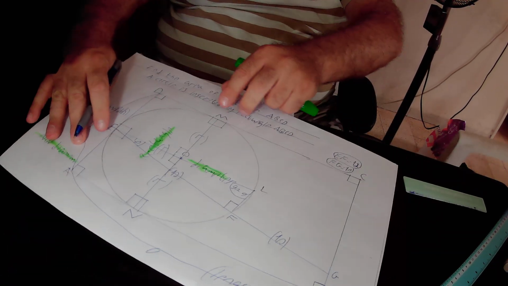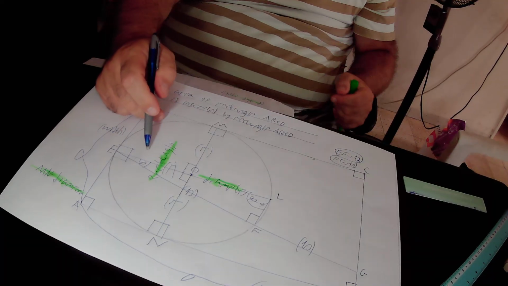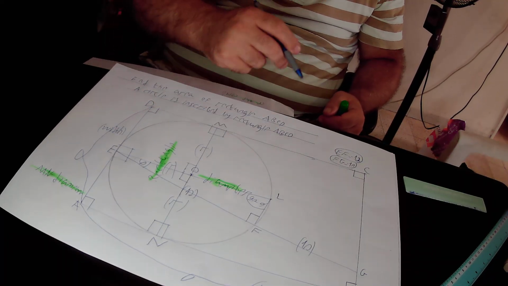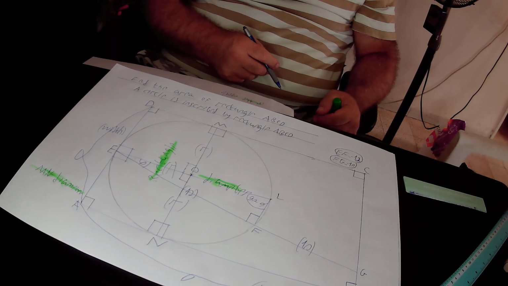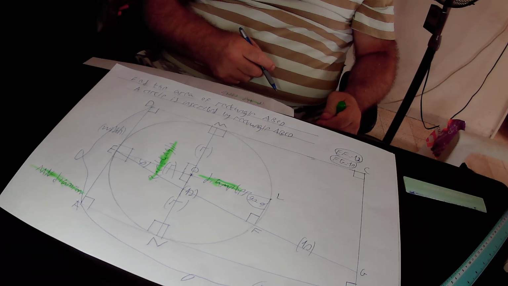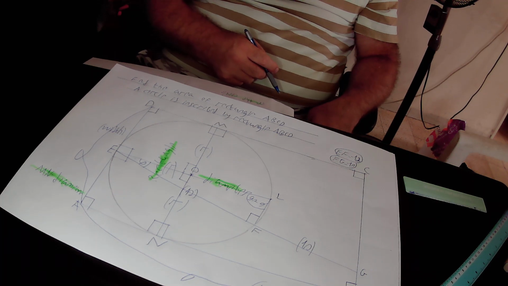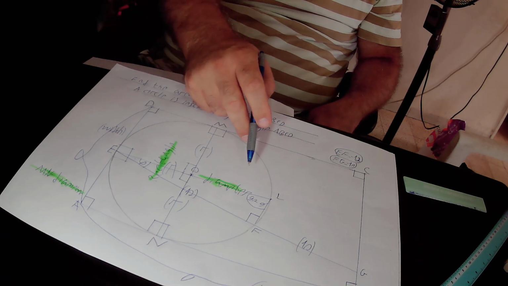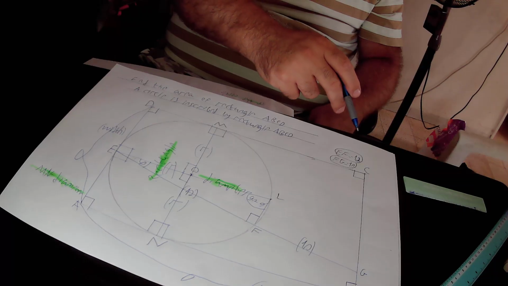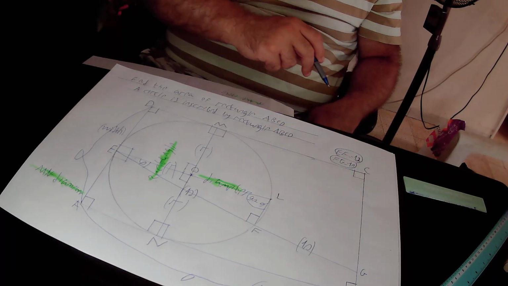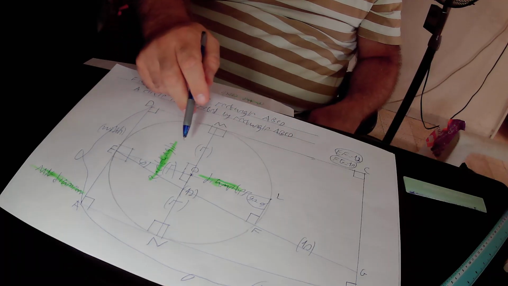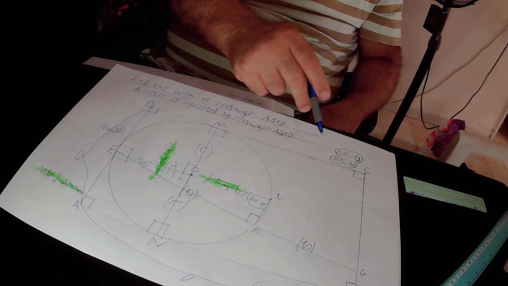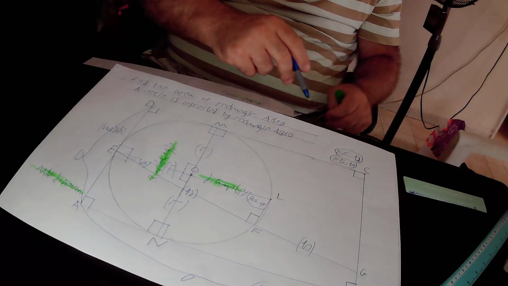Because 90 degrees minus alpha plus alpha is 90 degrees, and 90 degrees plus 90 degrees is equal to 180 degrees, that is the sum of the angles in any triangle. In the next step, we will extend the diameter EL by a straight line until it touches side CB of rectangle ABCD.